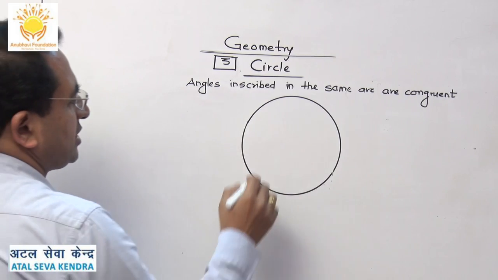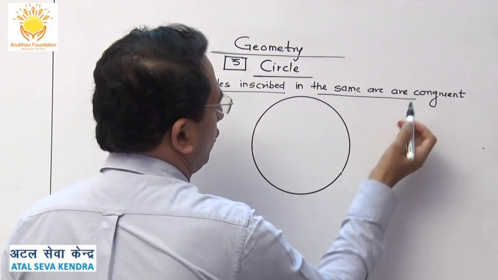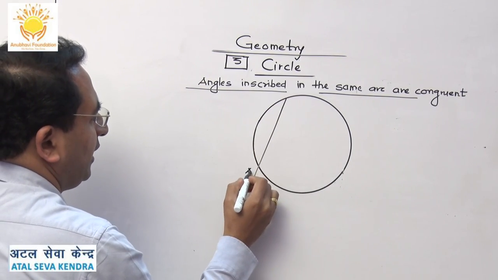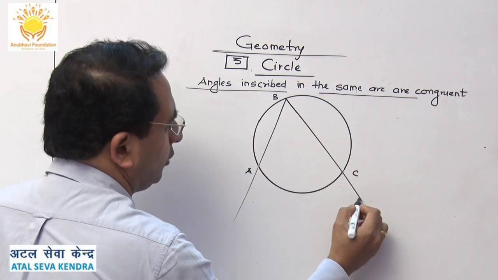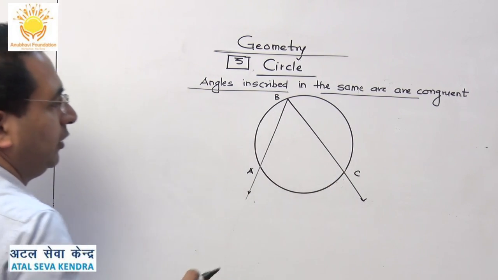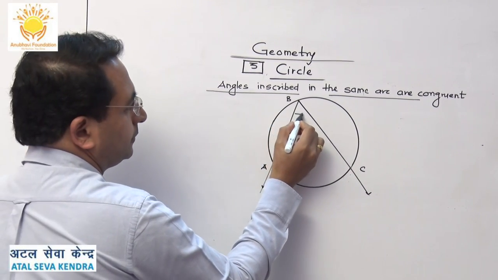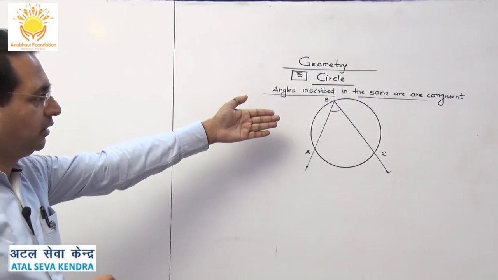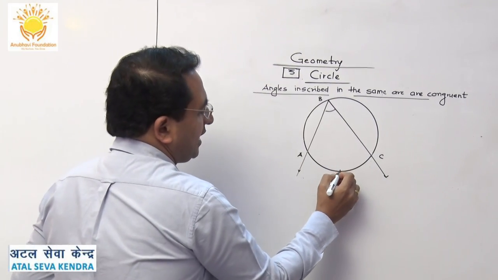Now, I'll explain what we mean by angles inscribed in the same arc. Suppose I talk about angle ABC. This is what we call an inscribed angle, and that angle is over here, correct? Now when you talk about the inscribed angle, immediately in front of it you have to see the arc which is AXC.